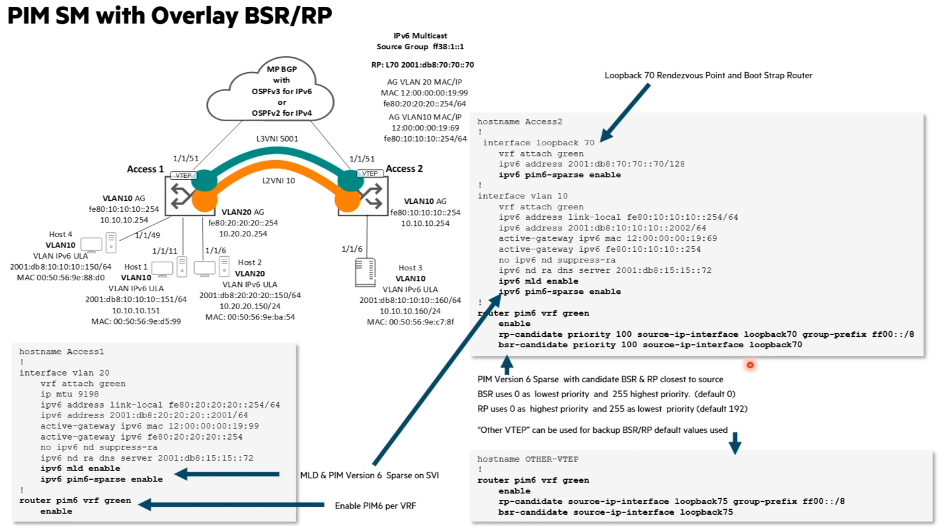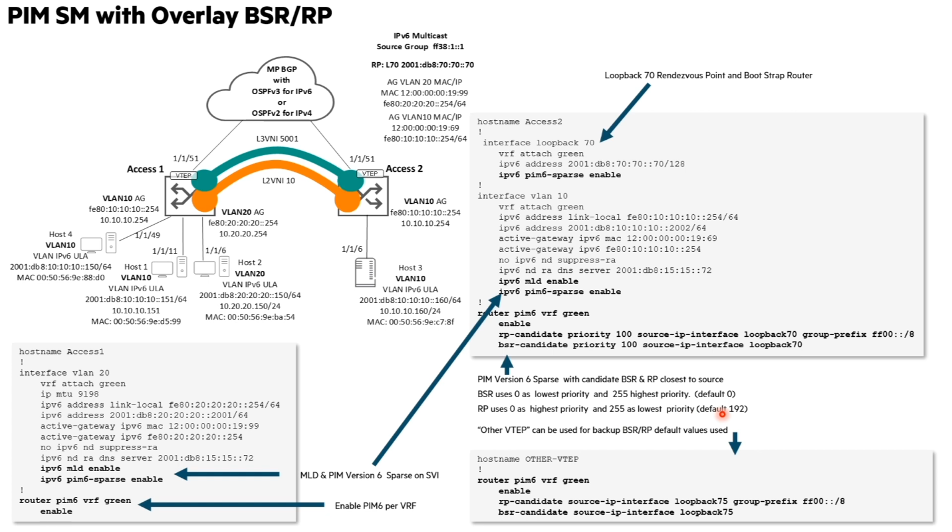Now please be aware that the priorities for bootstrap and RP are slightly different. So the BSR uses 0 as the lowest priority and 255 as the highest priority, and its default is 0. And then the RP uses 0 for its highest priority and 255 as its lowest priority, and the default is 192.